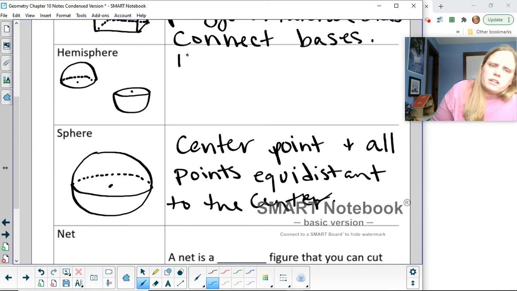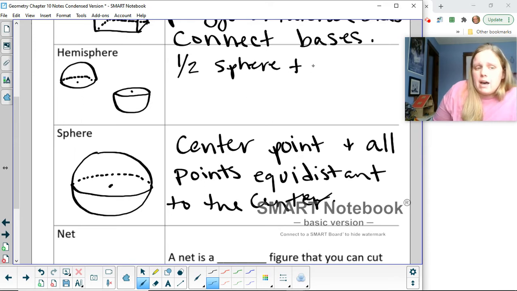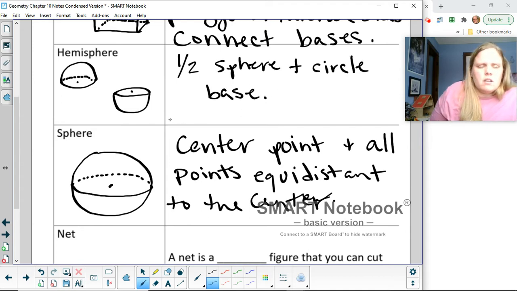So a hemisphere is half of a sphere plus the circle base. So once you slice a sphere in half, it creates a new surface. So that's that circle base.